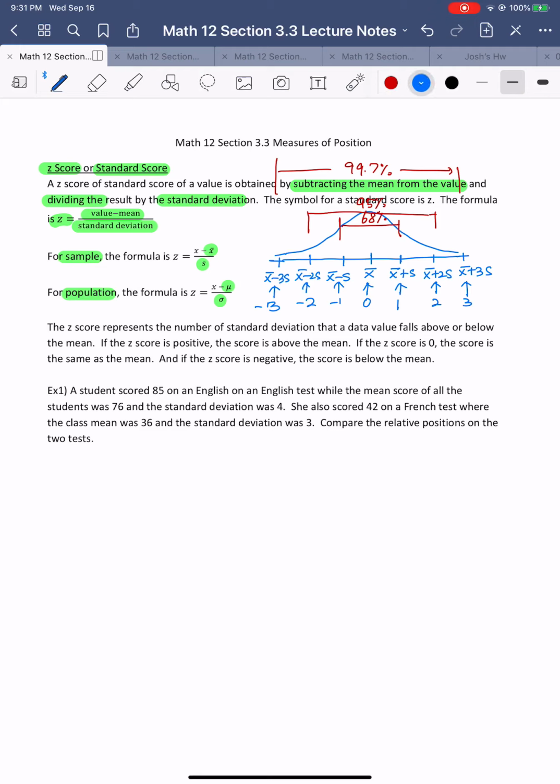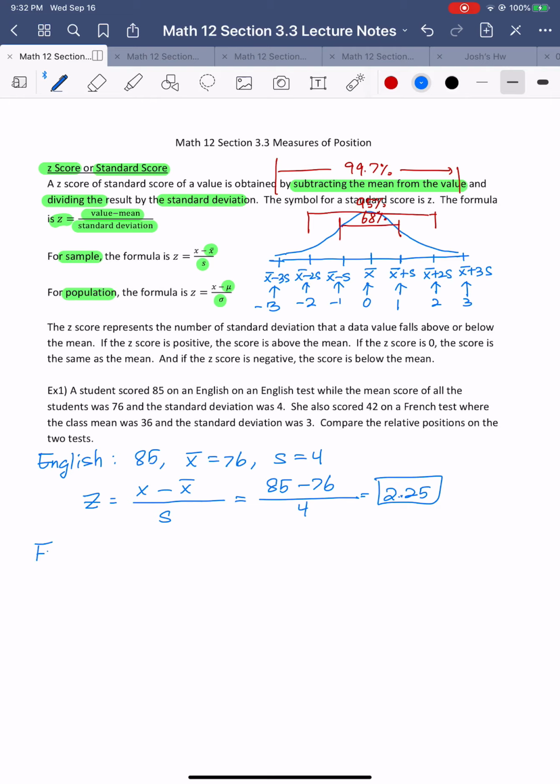For English, her score was 85, the mean was 76, and the standard deviation is 4. To find the z-score for English, it's x minus x bar over s. So x is her value: 85 minus 76 over 4, which is about 2.25.